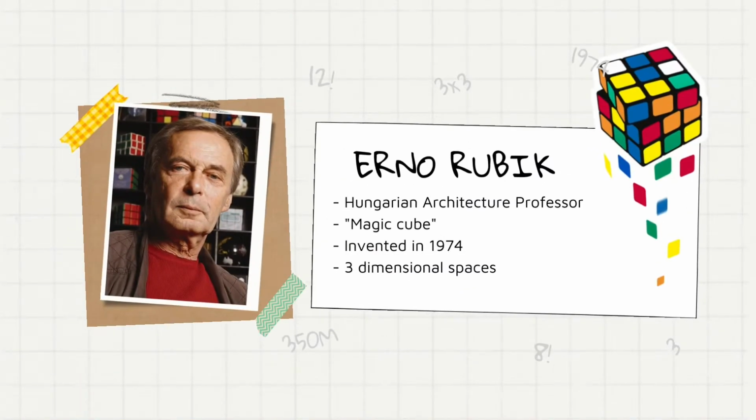Well, yes, I know you have been watching this video to understand how this thing does work. So, I'll be introducing to you this guy over here. The Rubik's Cube, a 3D combination puzzle invented in 1974 by Erno Rubik, who is a Hungarian architecture professor that created this magic cube and hopes to teach his students about three-dimensional spaces.